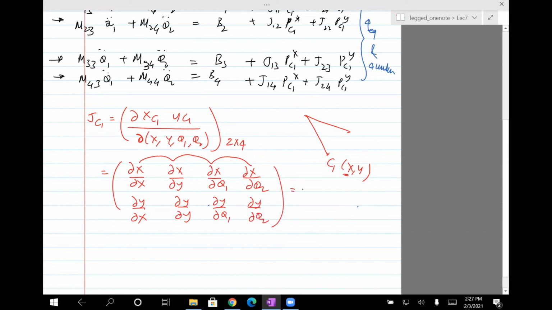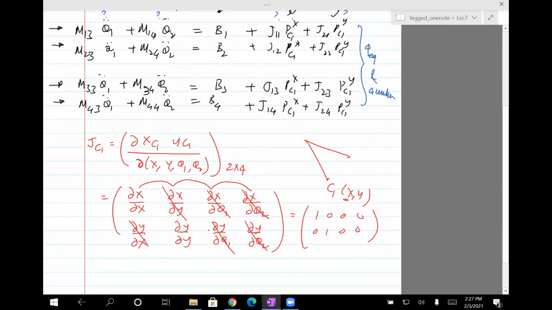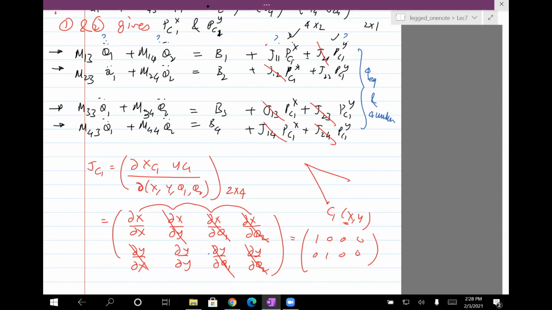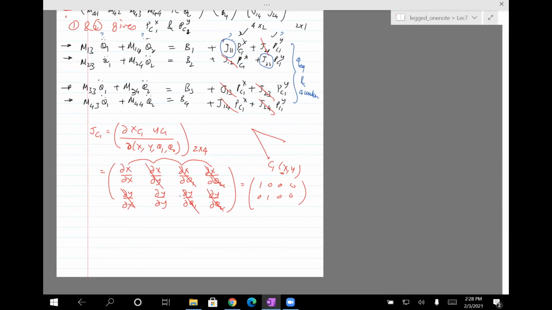So this is basically 1, 0, 0, 0, 0, 1, 0, 0. All these elements are 0 except for J11, and sorry, J22 is not 0. So the only non-zero elements are this one and this one.